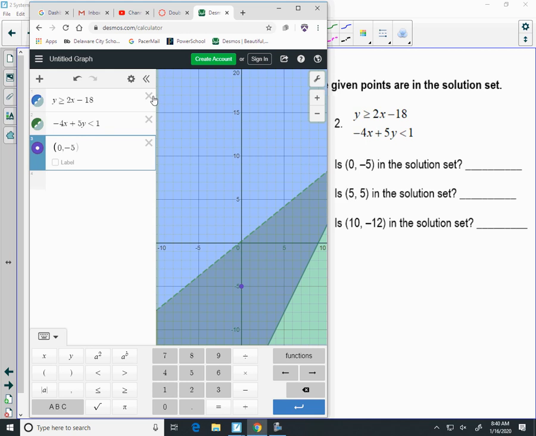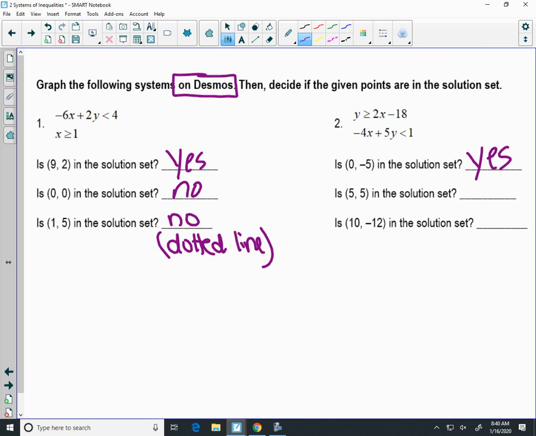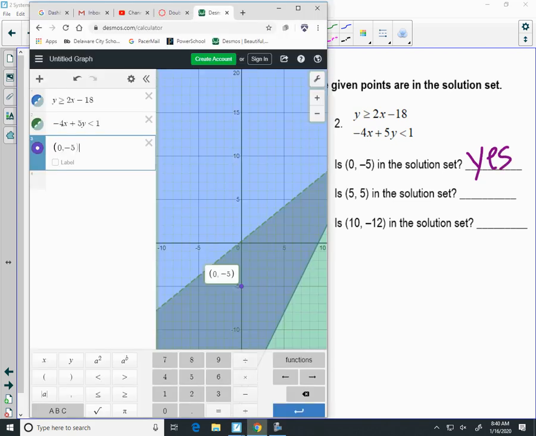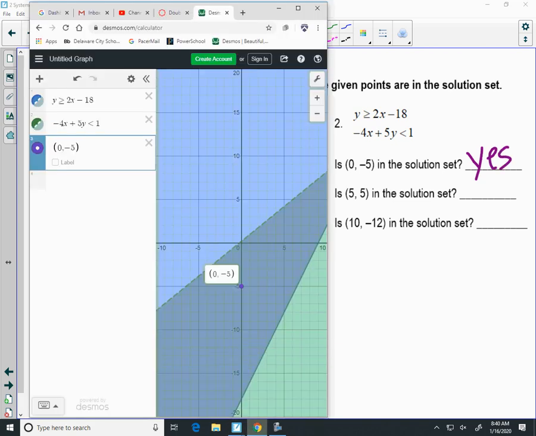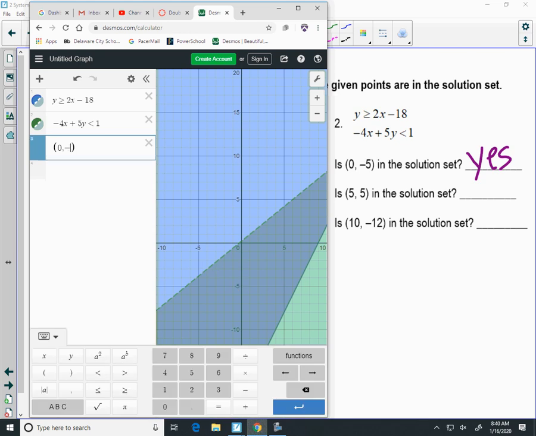Is that in our overlap? Absolutely. This purple point is in our overlap. Now I'm going to put in 5, 5. Is that in our overlap?